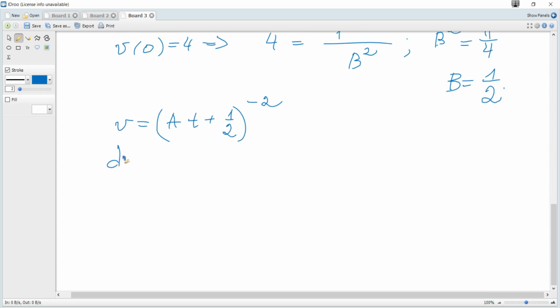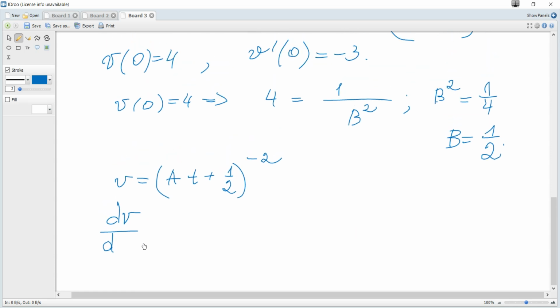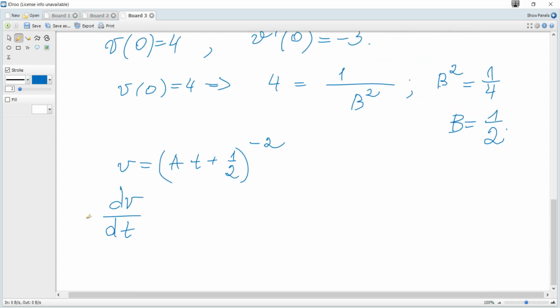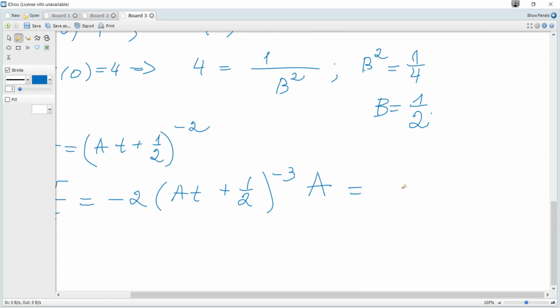So dv over dt becomes negative 2 times at plus a half to the power of negative 3, times the derivative of at plus a half. It's the sum of derivatives: the derivative of a half is 0, and the derivative of at is just a. So it's negative 2a over at plus a half cubed.